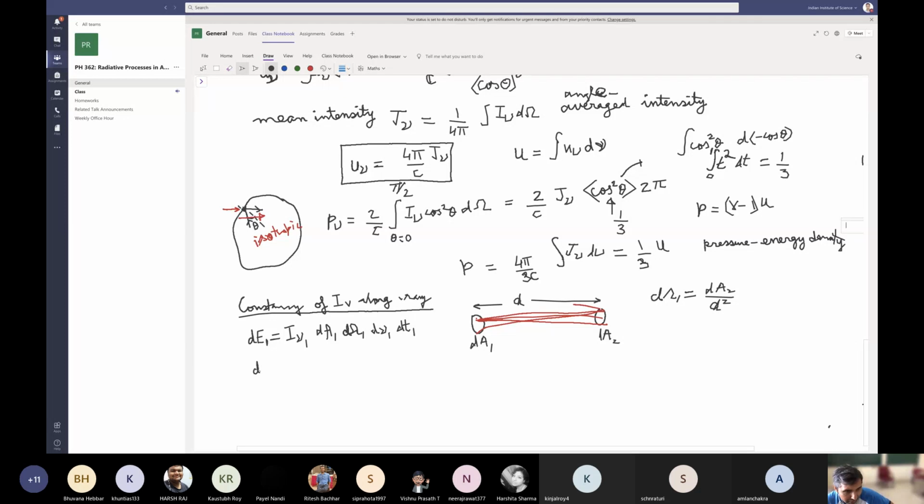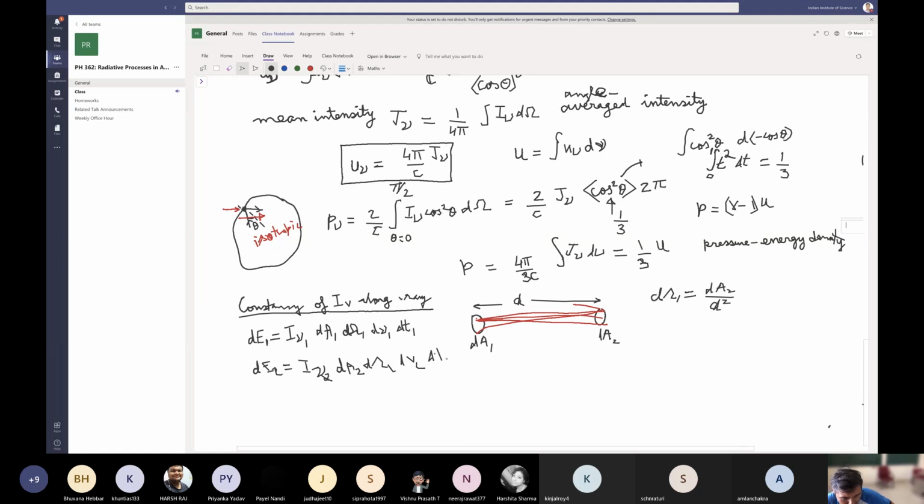Now this energy dE2 that is crossing area dA2 is, by the same definition, I nu 2 dA2 d omega 2 d nu 2 dt2. I know now why my drawing is poor: if I try to write too fast, it just omits it.